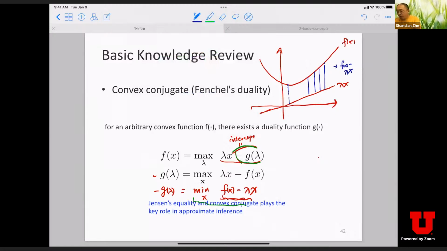Now I want to ask, for my particular choice of slope lambda, at which x will we get this difference to be the smallest? In other words, at which place will those vertical segments be the shortest?